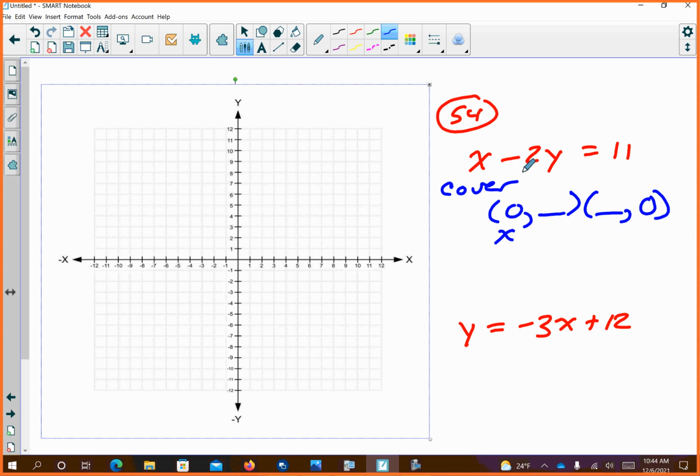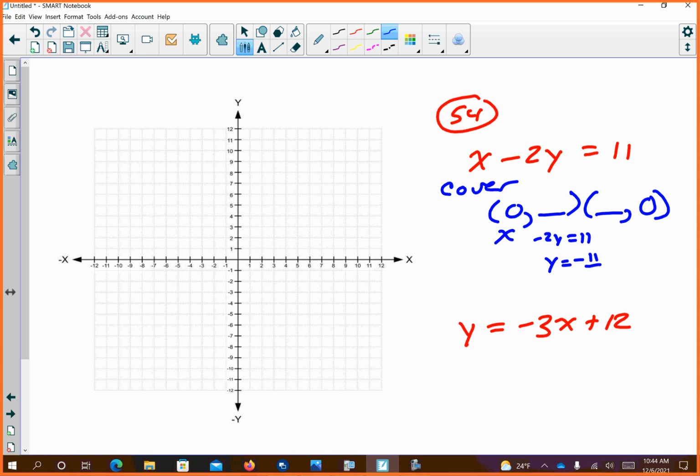So if I cover up x, that means I get this. So y equals negative 11 over 2, which is like negative 5.5. I will assure you that we won't give you one that's going to be a decimal, but that's going to say this. 0, negative 5.5, so that's like down here. That's a little ugly, but it is where it is.